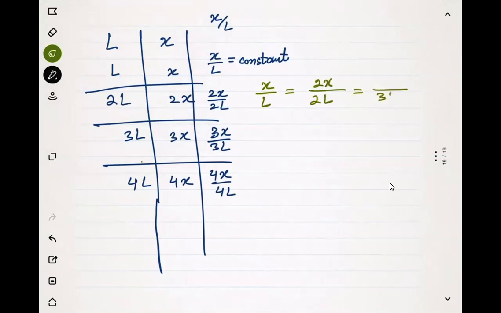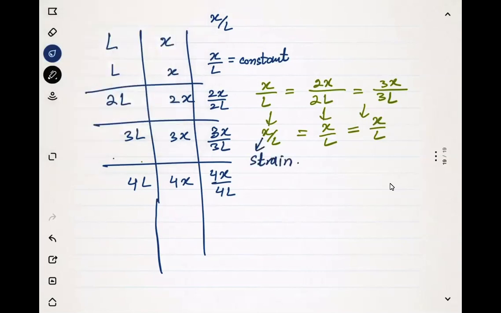If it becomes 3L, it becomes 3X. As a result, it is X over L, extension over length all the time. So strain, this quantity is called strain, as you know.